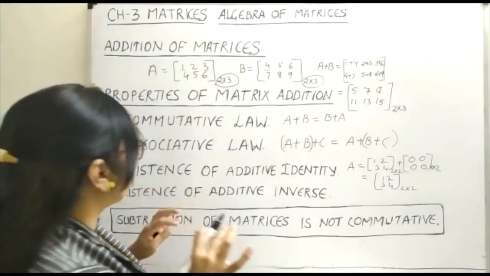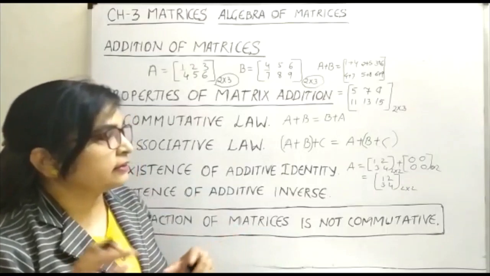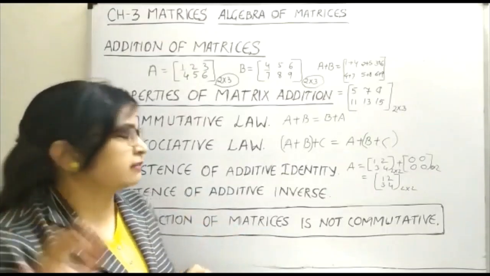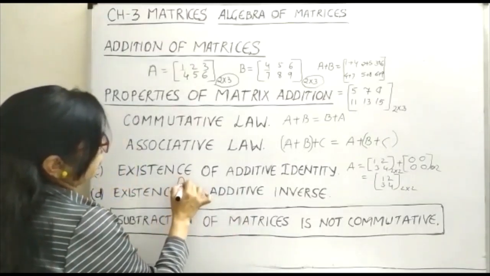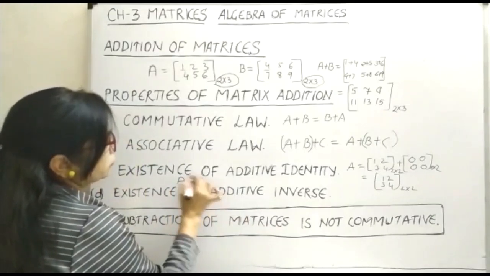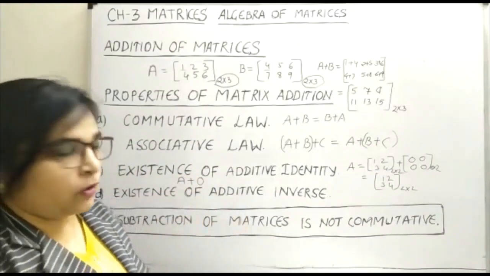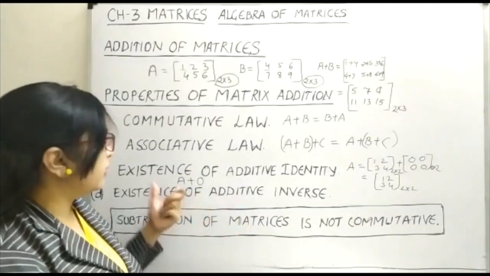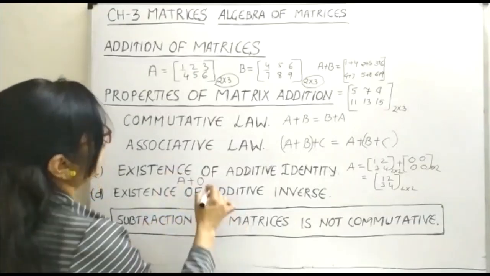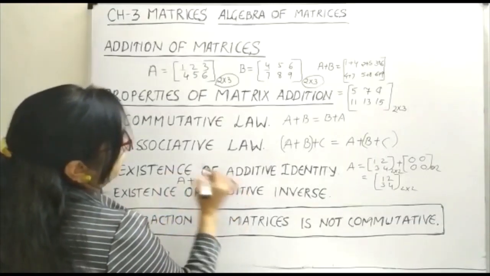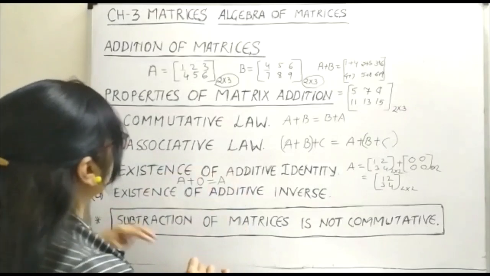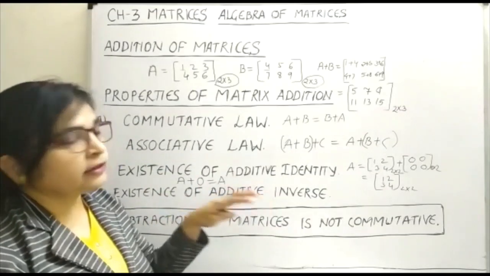So the existence of additive identity says that to any matrix A, you can add the zero matrix of the same order. That means both the matrix A and the zero matrix should be of the same order, and you will get the matrix A.